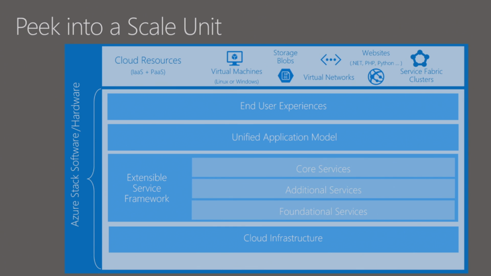You have a bunch of foundational services like compute, storage, and networking, and then you can deploy additional services like Azure Container Service and SQL DB and all these services, right? They'll all rely on those foundational services. And those foundational services live on that underlying cloud infrastructure, right? And so let's dig into what that really actually looks like.